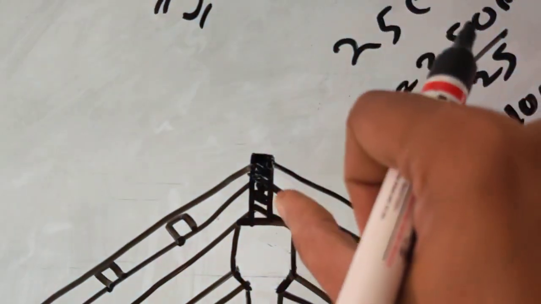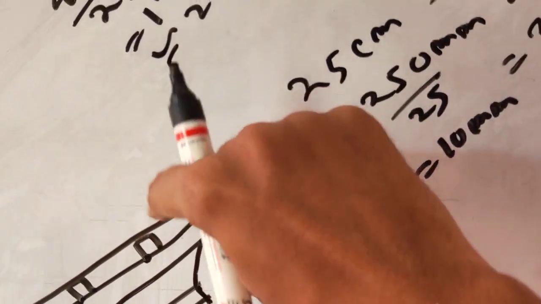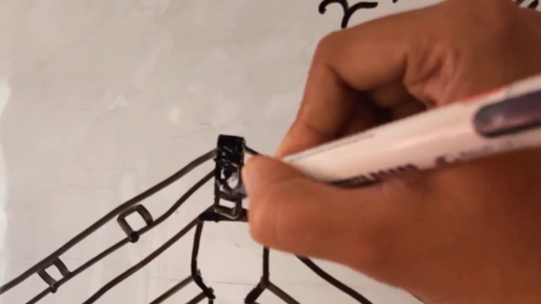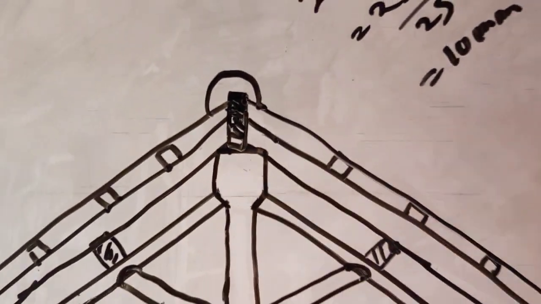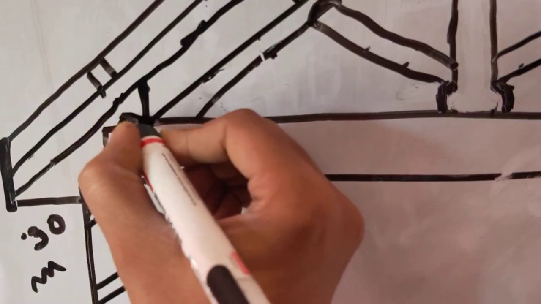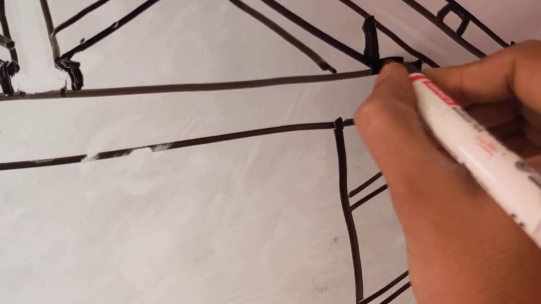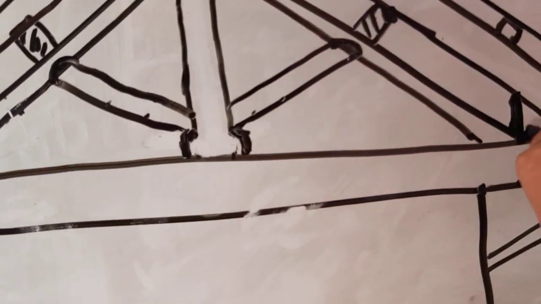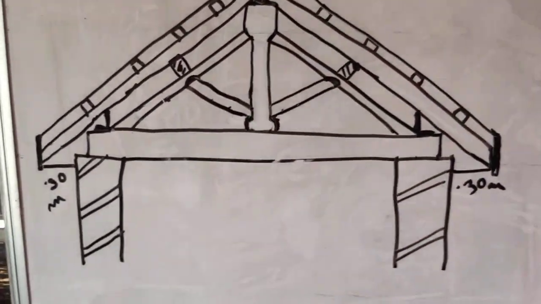From this center you draw one arc like this, and from this center also one arc of 10 millimeter radius. You provide one L section here and another L section here, 2 millimeter thick each, on both the sides. Okay, so now our drawing is almost complete.